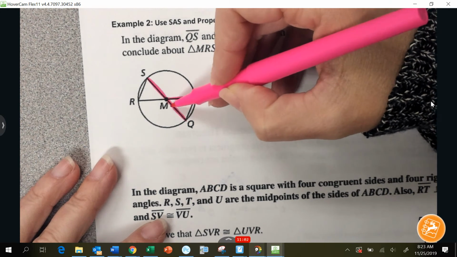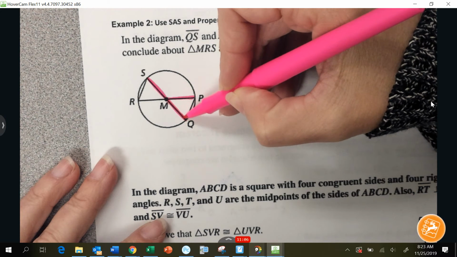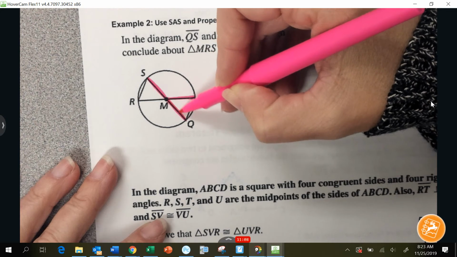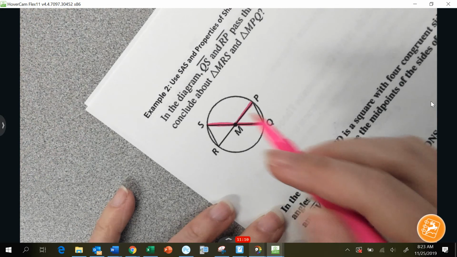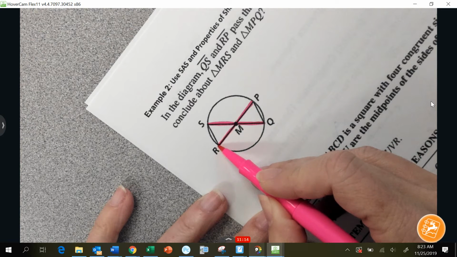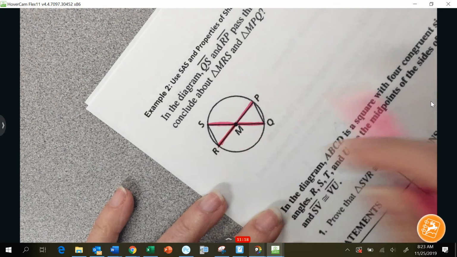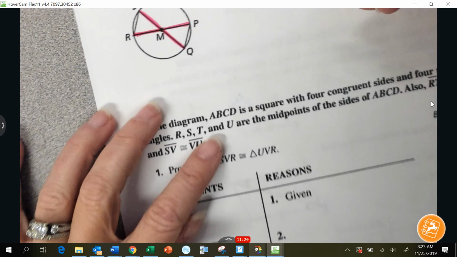Raylan, what's this in a circle? This is the radius. Jesse, what's this in the circle? Radius. What do you know about the radius in a circle?